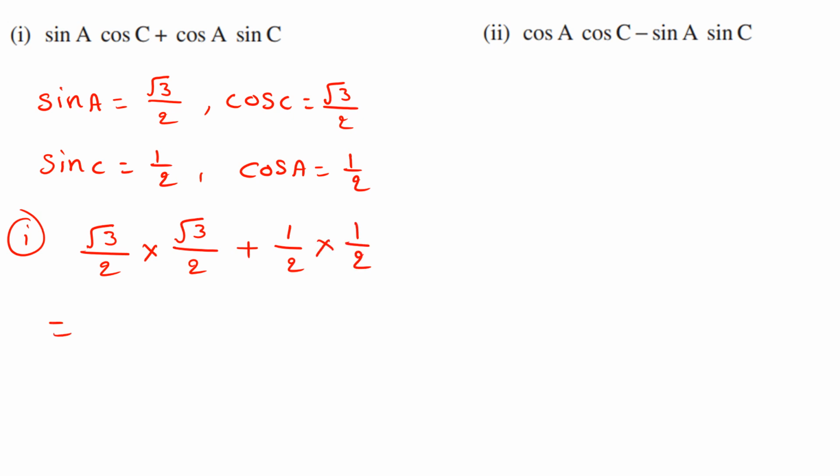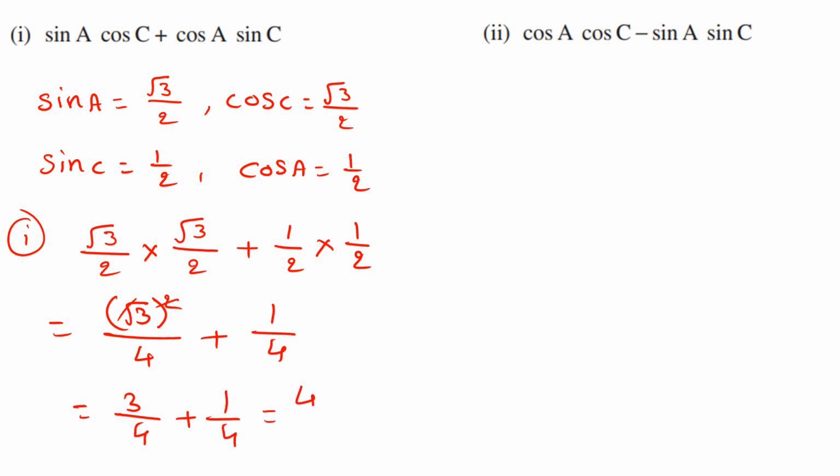So what is that value? Root 3 whole square by 4 plus 1 by 4. So square and root cancel here. So 3 by 4 plus 1 by 4 equals 4 by 4. So 4 ones are 4, 4 ones are 4, that equals 1. So that is the answer in this one.